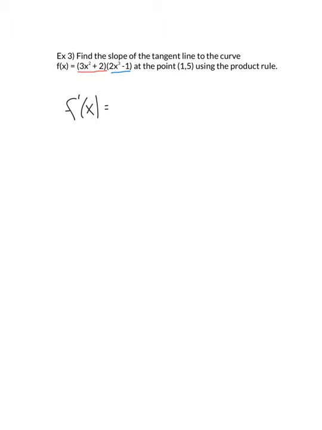We are going to have the derivative of that first function, so 6x, multiplied by the original second function, plus our original first function, 3x squared plus 2, multiplied by the derivative of that second function, so 6x squared.